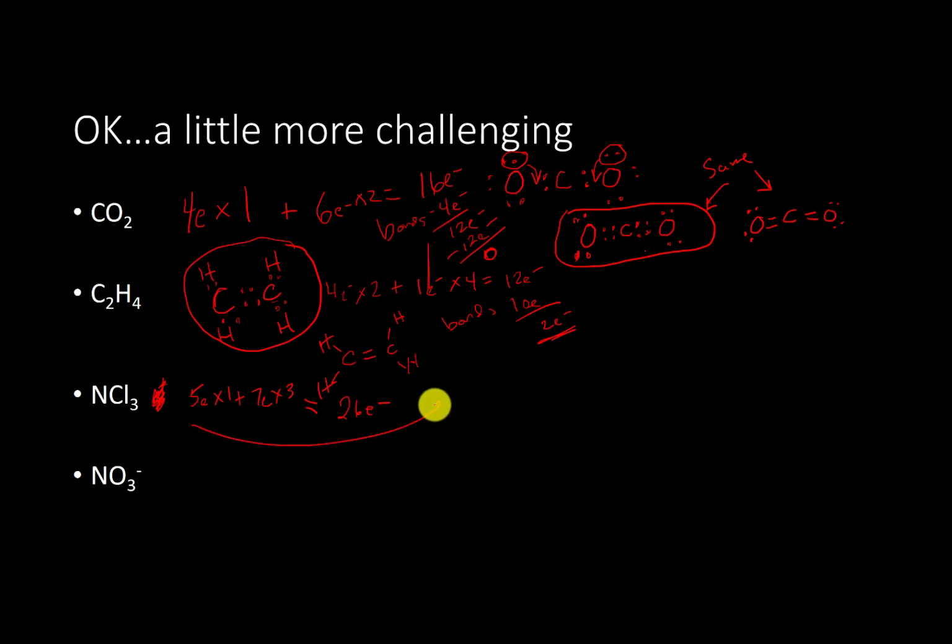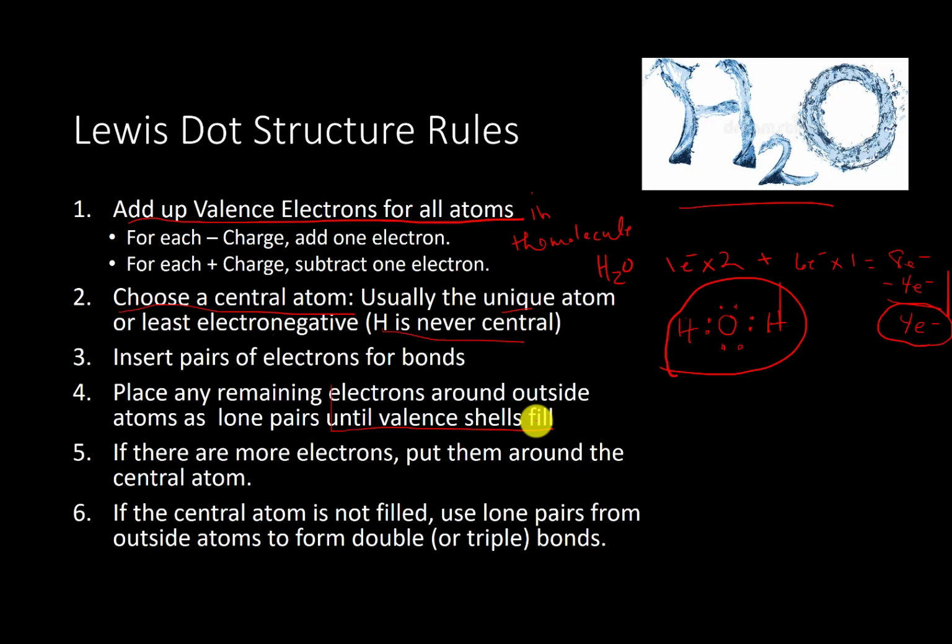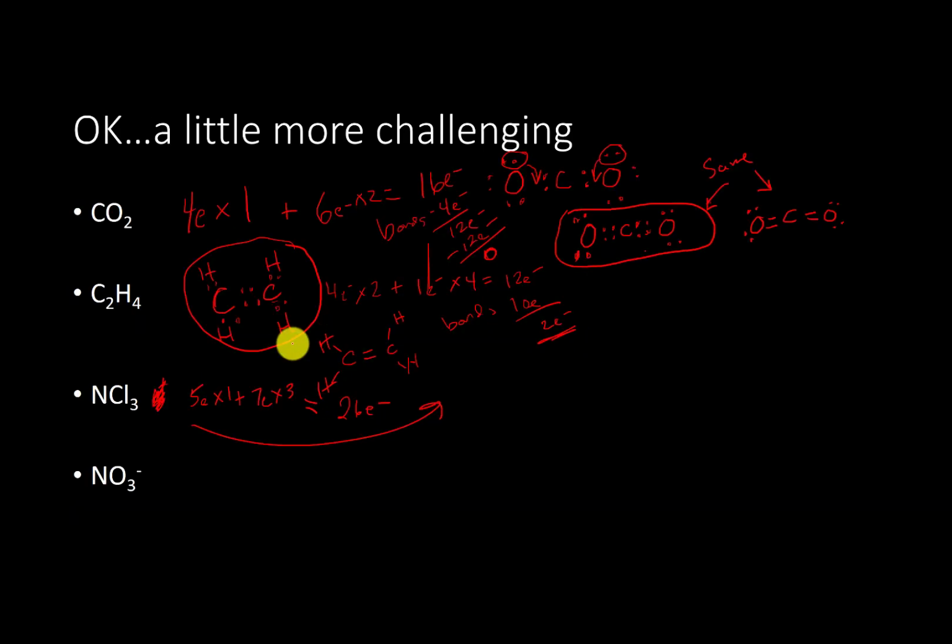Now we're going to move over here so that we have room to work with. So now we try to figure out what our central atom is. In this case, we go to that rule that says usually the unique atom or the least electronegative. Is nitrogen more electronegative than chlorine?